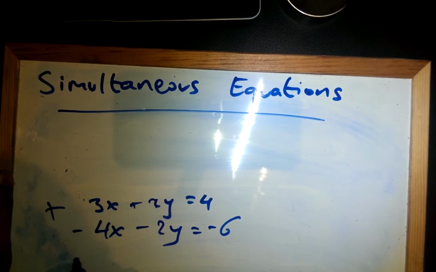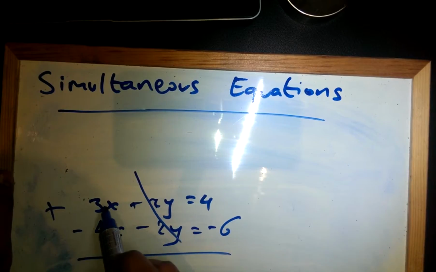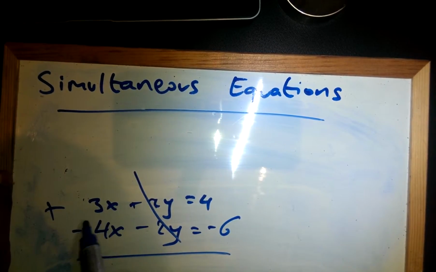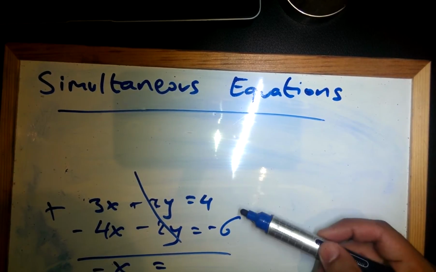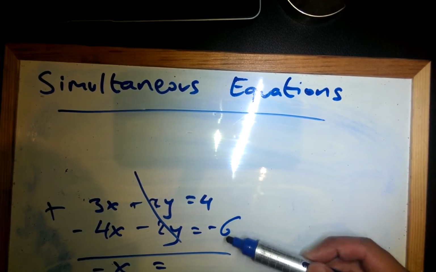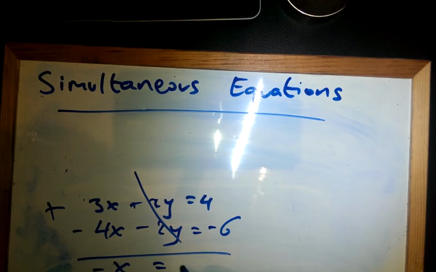So if I add these together, these two now cancel, which is beautiful, which means 3x plus minus 4x gives me a minus x, and if I add these together, 4 plus minus 6 equals minus 2.